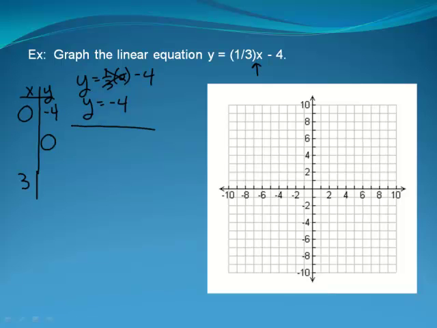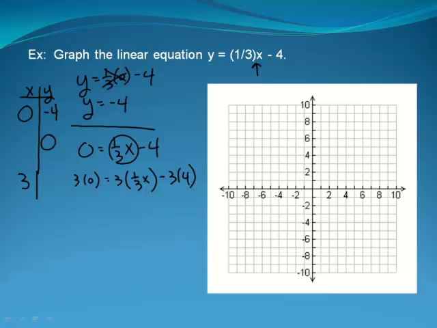All right, if I let y be 0, I get 0 equals 1/3 times x minus 4. Now here I might want to clear fractions, since I am going to have to move stuff around. The only denominator in that entire equation is that 3. So if I multiply everything by 3, I should clear out all of my fractions. Multiply each term by 3.